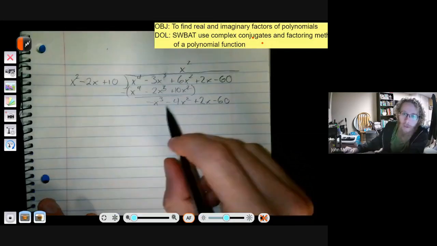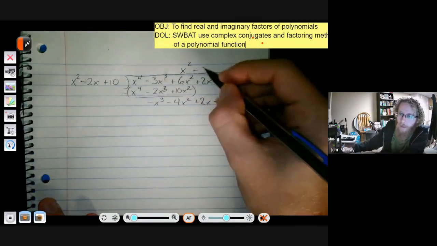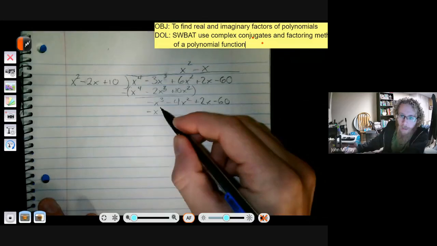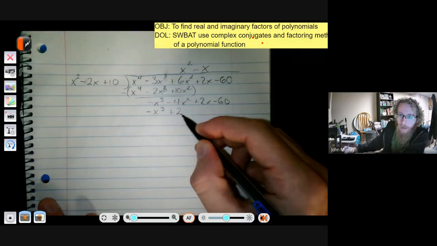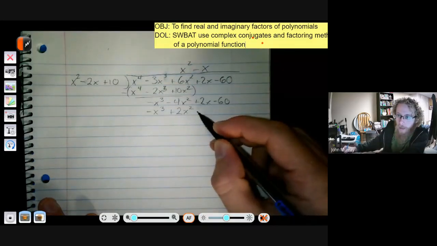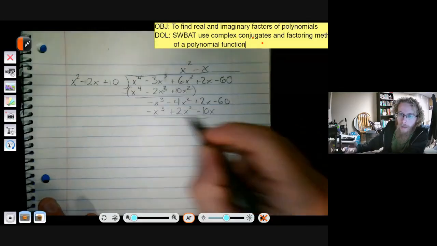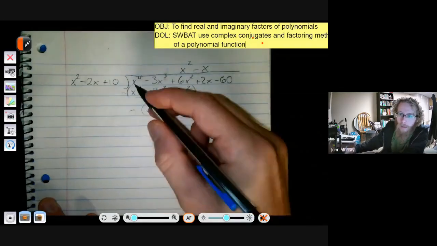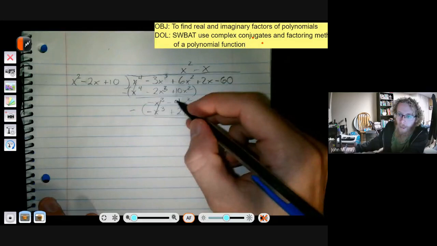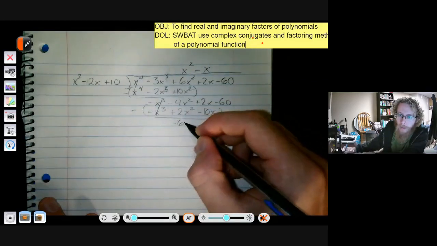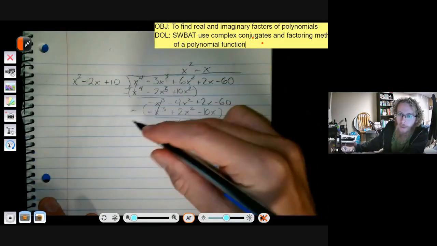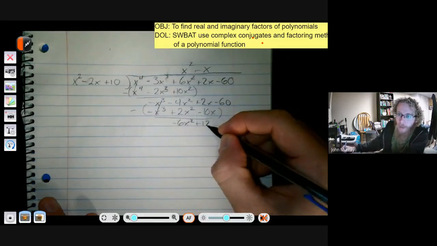Okay, now I want this x squared to look like a negative x to the third, so that's going to be a negative x there. Negative 4 minus 2 is negative 6. 2 plus 10 is 12.